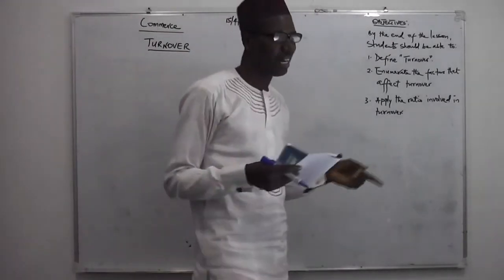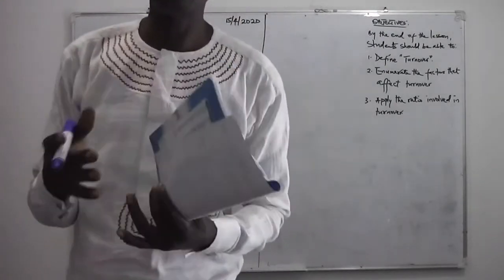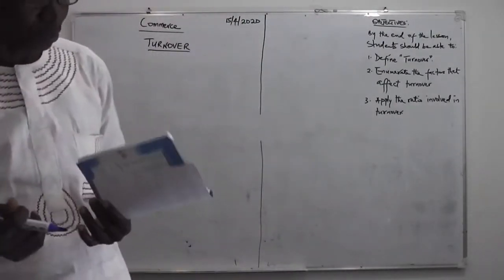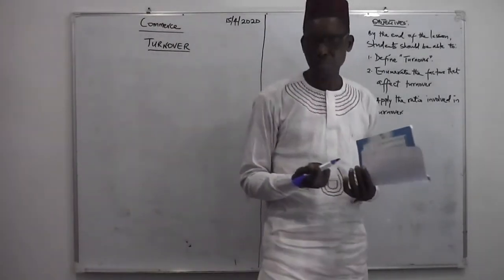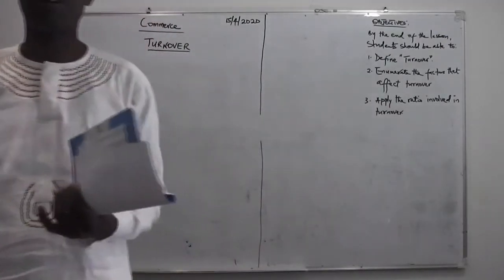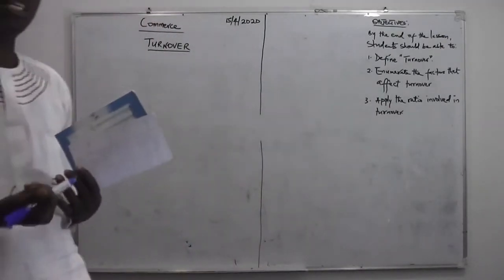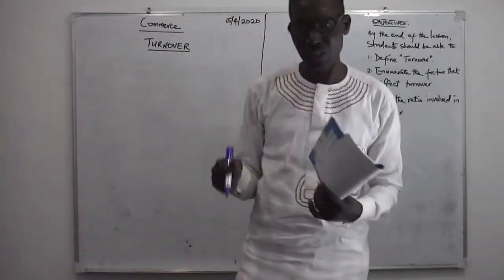In the trading account, these are the key things we normally want to get. The first is the cost of goods sold. We also get our gross profit, and we also have what we call the net profit of the business.